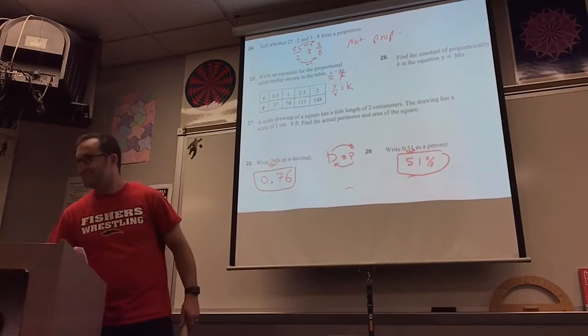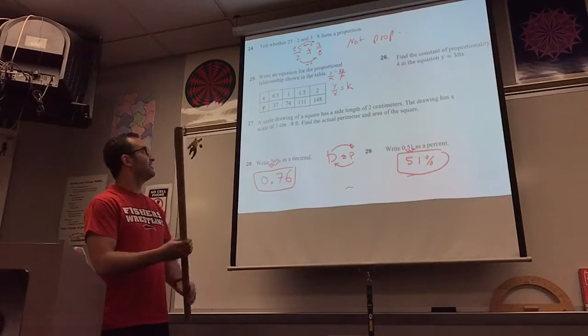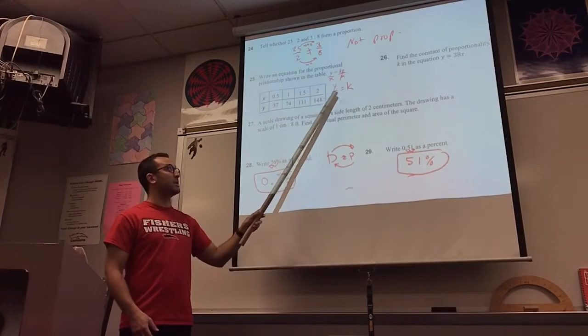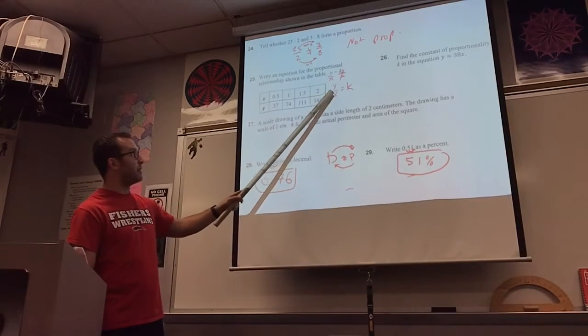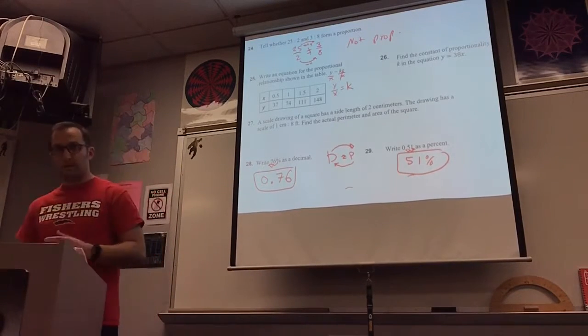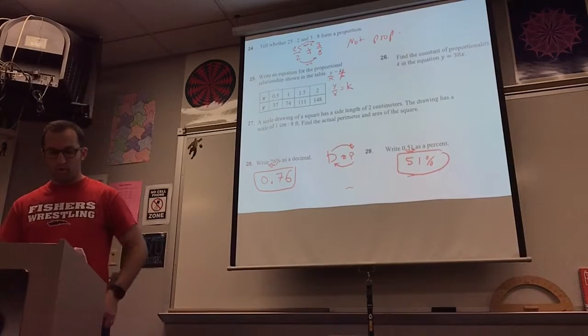Why? Because y is the unit rate, so you put the unit rate on top. Y isn't the unit rate, but y over x is the unit rate. Notice the structure here. To figure out what k is, I need to do y over x. So to figure out the unit rate, the constant of proportionality, all that stuff, it's y over x. So it's going to be 74 over 1.